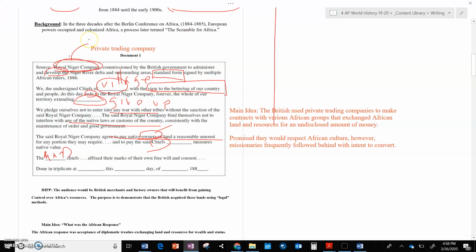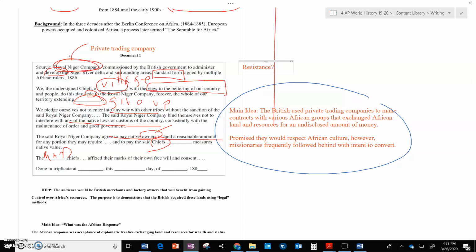Can you connect this argument to similar arguments in other documents? So I guess at this point it'd be good to stop and ask, how does this document answer the question? How does this show resistance? Or did it show resistance? And I would say in this case, if you're going to answer the question, does this show resistance? Well, not really.